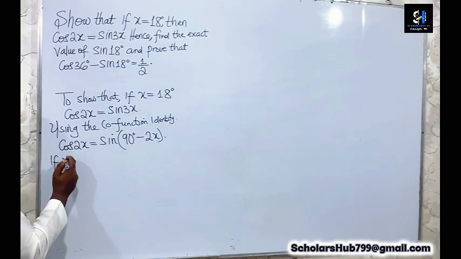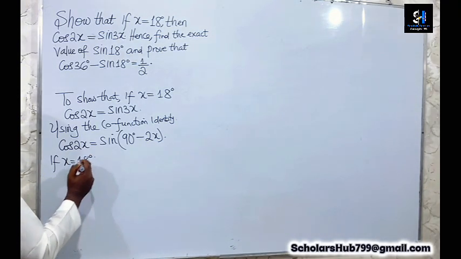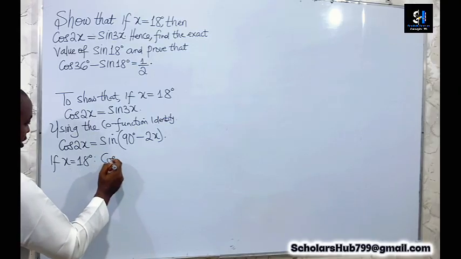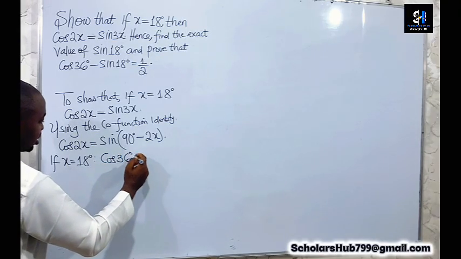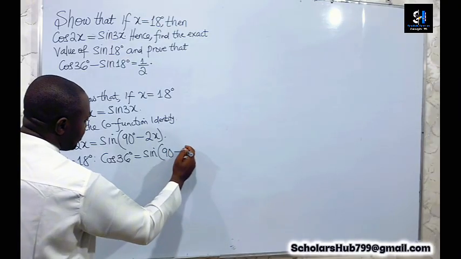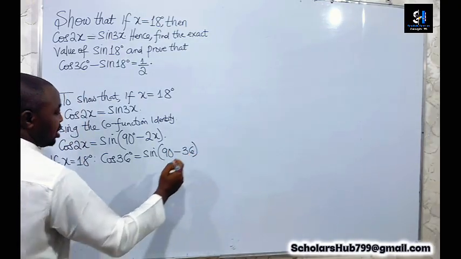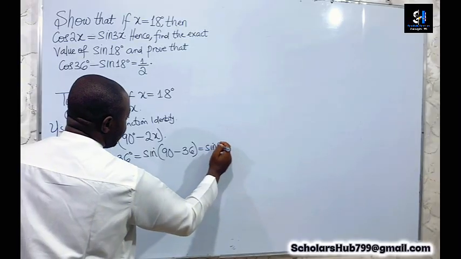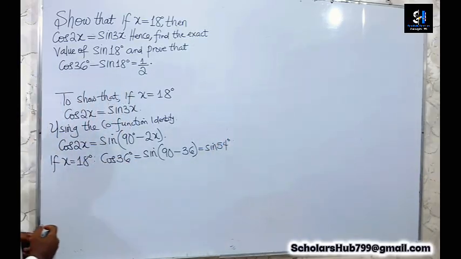Now, if x is equal to 18 degrees, it means that cos 36 degrees will be equal to sine of 90 minus 36, and this will be equal to sine 54 degrees.